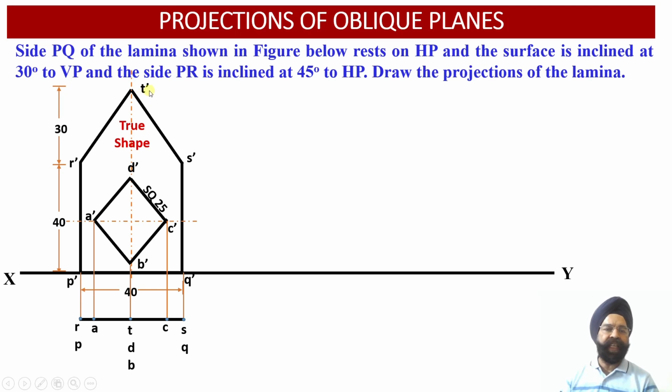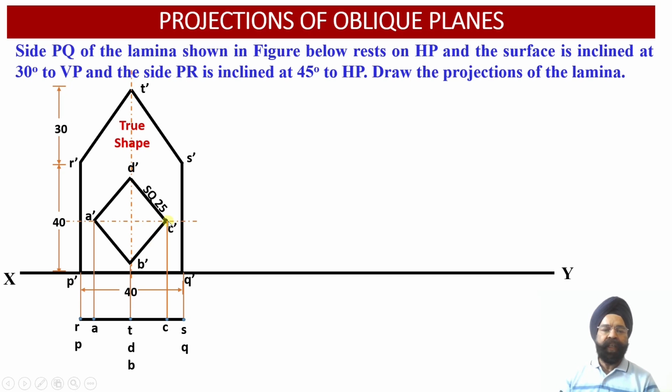Similarly, the points T dash, D dash and B dash are going to coincide with each other as the observer is going to look at these 3 points from the top. So in the top view, these 3 points will be projected as T, D and B, and all of these 3 points are going to coincide with each other.